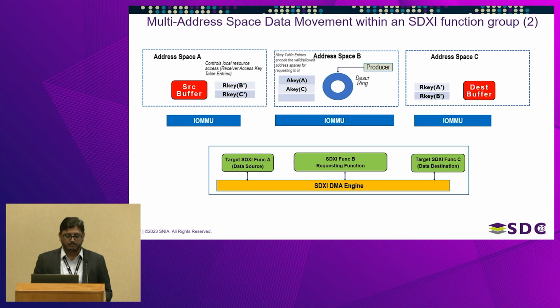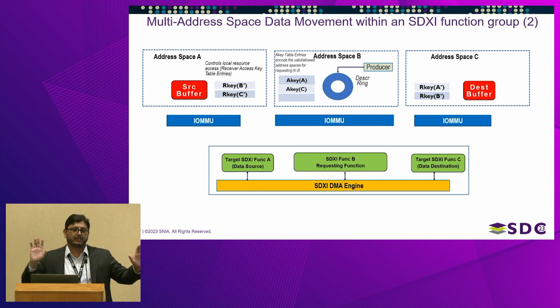So this is a kind of a complicated example, but you can imagine that you may do a single address space data movement or like two address space data movement.